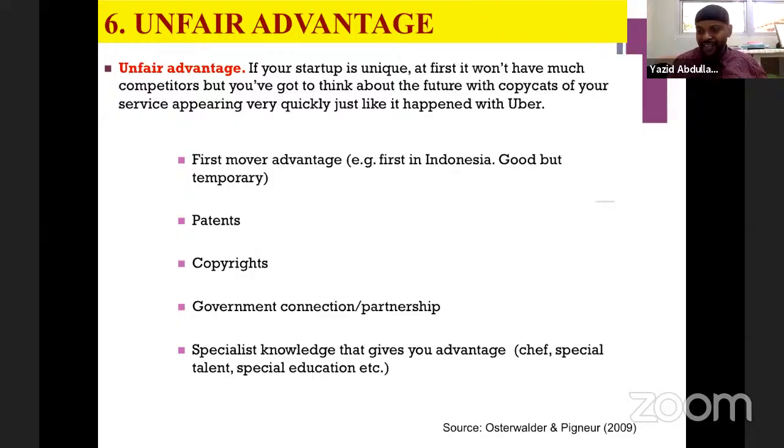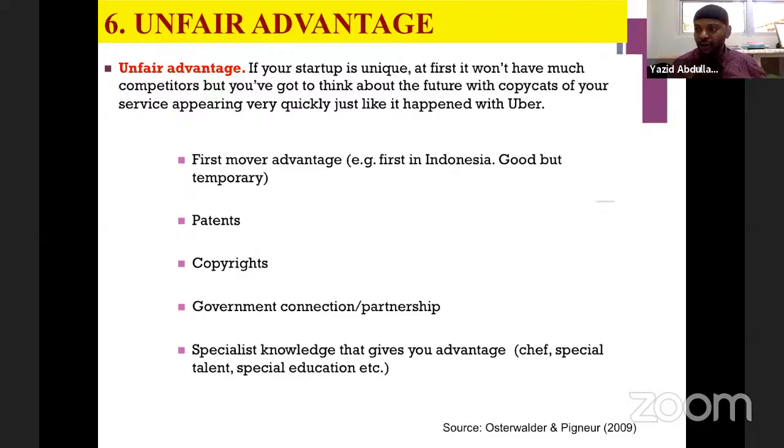Everybody knows KFC here. This is what gave KFC unfair advantage, because their recipe till today is still a secret. It's very, very difficult to imitate Kentucky Fried Chicken, KFC, and get exactly the same taste. You can imitate them, but getting the taste is very difficult because they have a secret recipe.